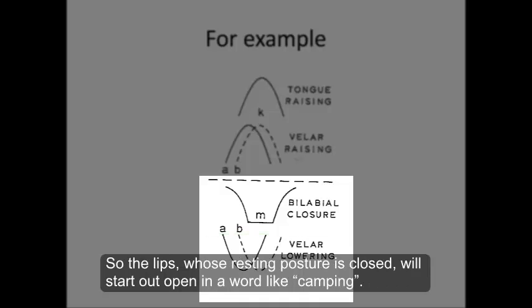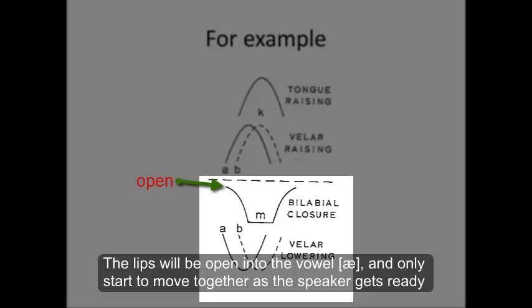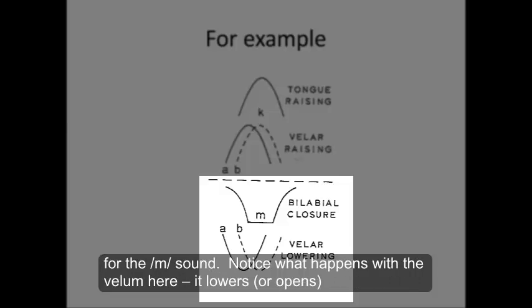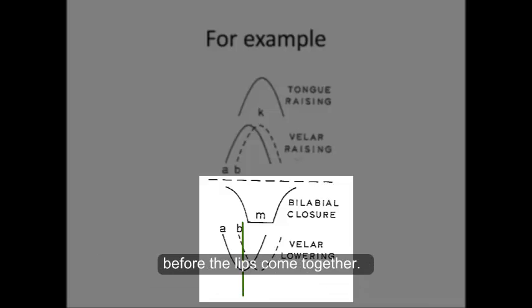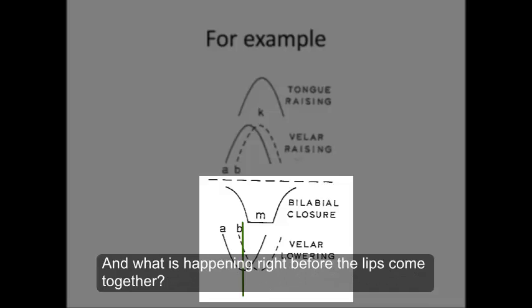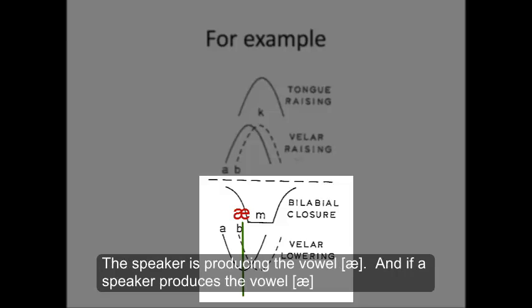So the lips, whose resting posture is closed, will start out open in a word like camping. The lips will be open into the vowel a, and they'll only start to move together as the speaker gets ready for the m sound. Notice what happens with the velum here. It lowers or opens before the lips come together. And what's happening right before the lips come together? The speaker's producing the vowel a.